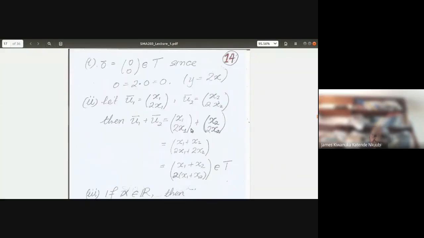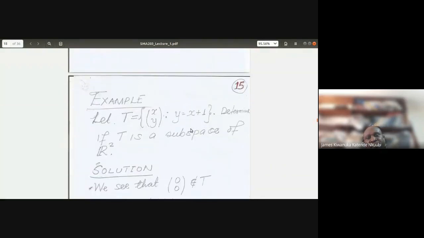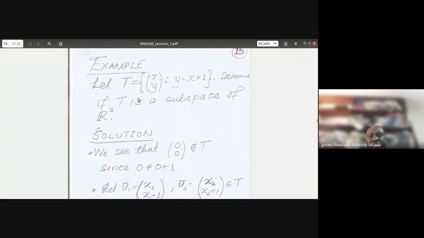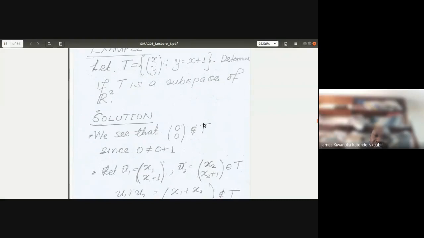So the next example says, let T be equal to this set made up of ordered pairs which lie on this line y is equal to x plus 1. So our task is to determine if T is a subspace of R2. So we check some properties.